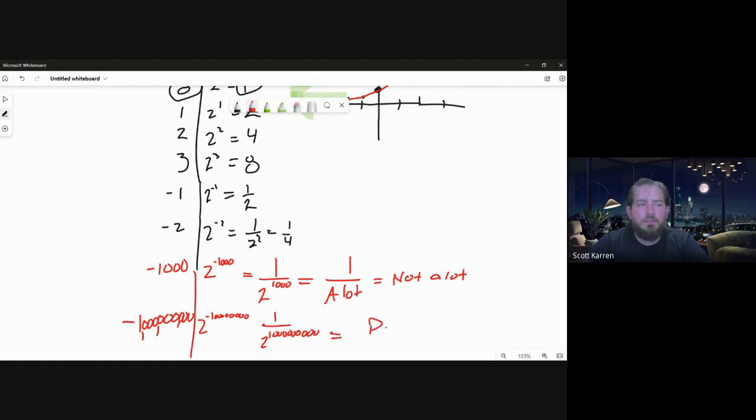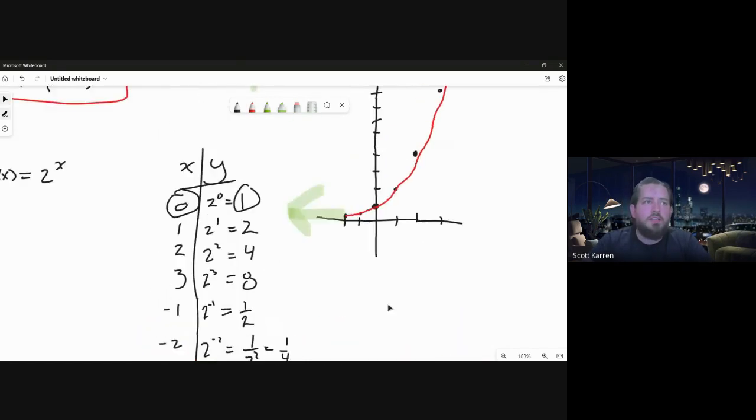It's still positive. It's ridiculously small. And it's going to get smaller and smaller and smaller the more it goes out that direction, but it's still going to be positive. And so this thing will actually never get to 0.